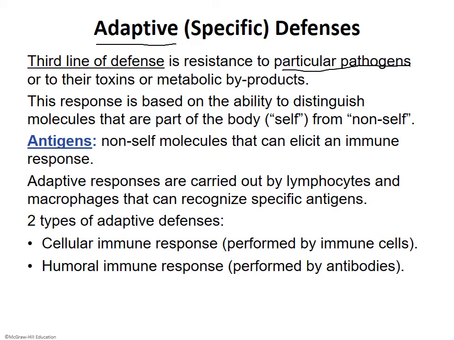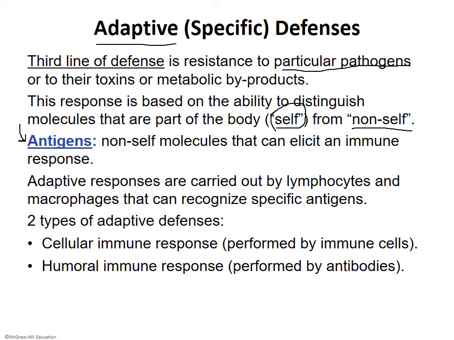So this response is based on the ability to distinguish molecules that are part of the body, considered self, versus the non-self. And so these cells go all over your body, and they're checking each cell to tell if it's you or not you. Antigens, now we looked at these in blood typing. We said they were the things that were on the cell surface.